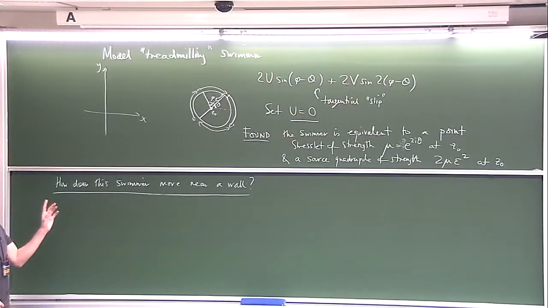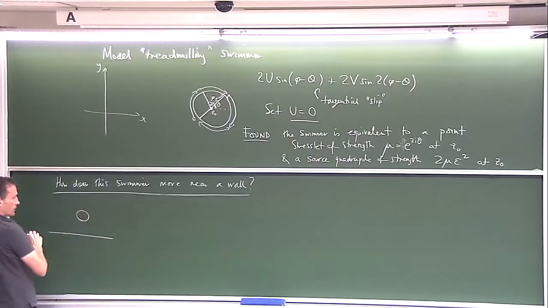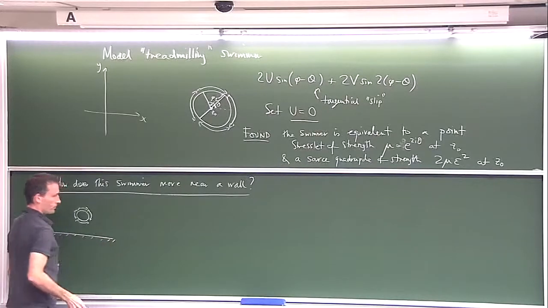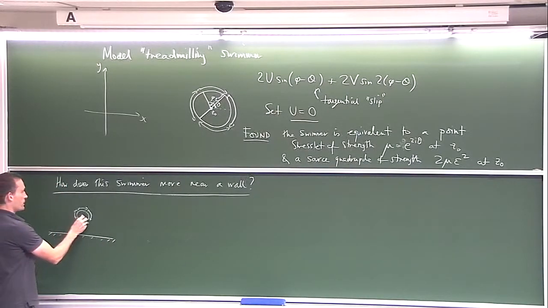Well, that's not actually the question that we answered on Tuesday. You see, to answer that question, I've actually got to look at this little swimmer near this wall. This is Z naught here.